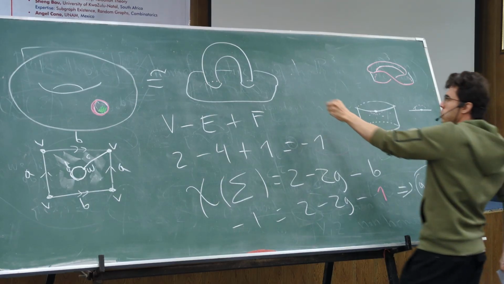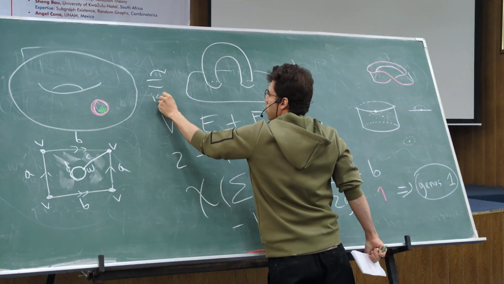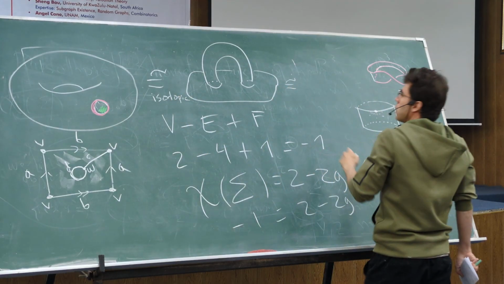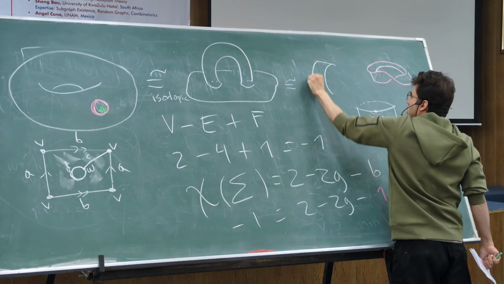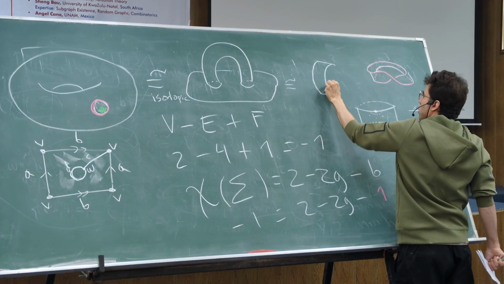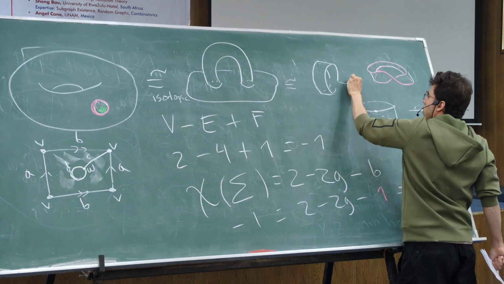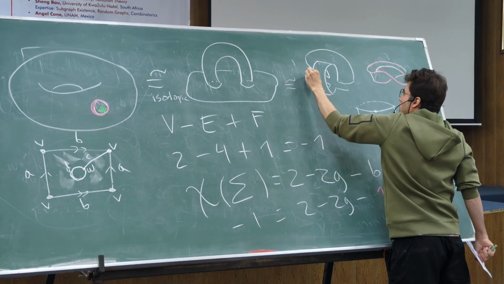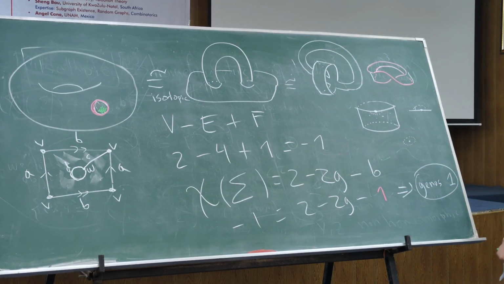I can open more. This is isotopic. It's not only homeomorphic, but isotopic. This is also this. It's the same object. So we open the hole more and more.